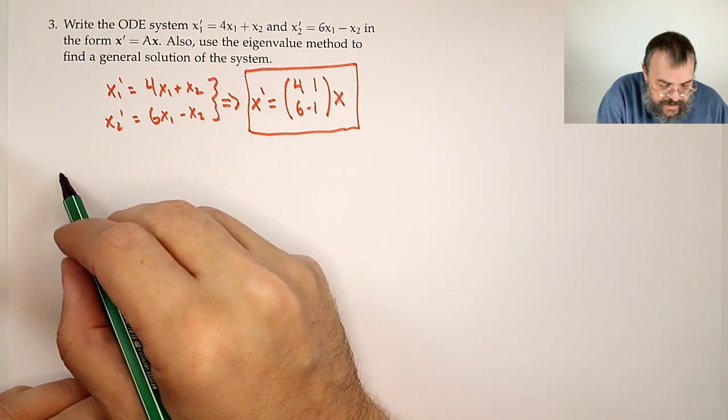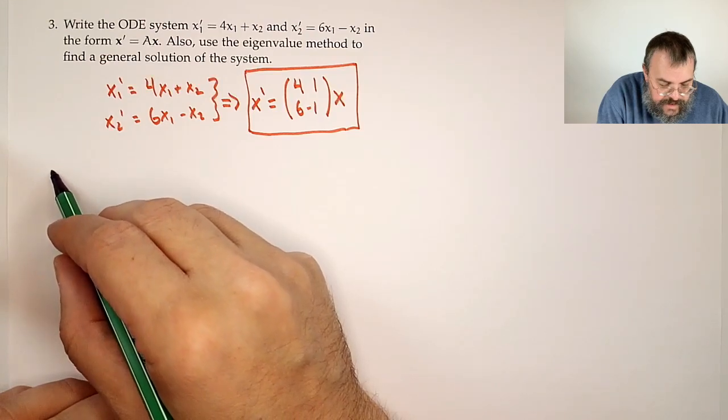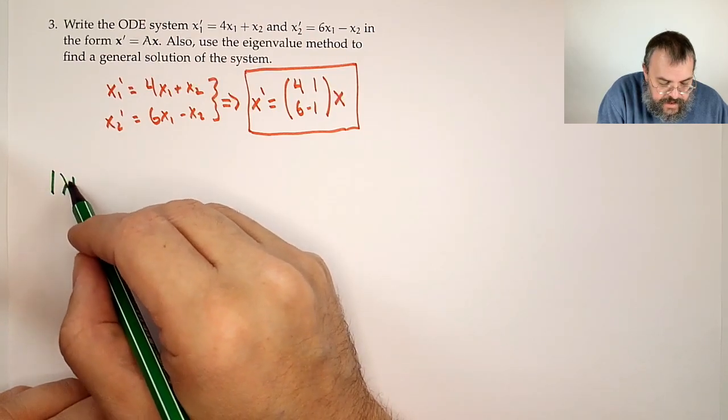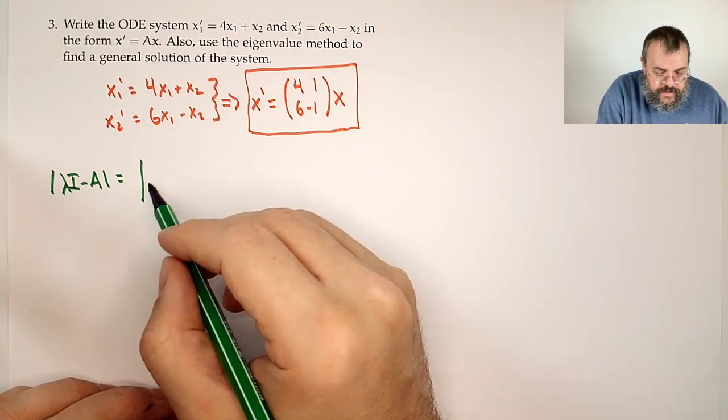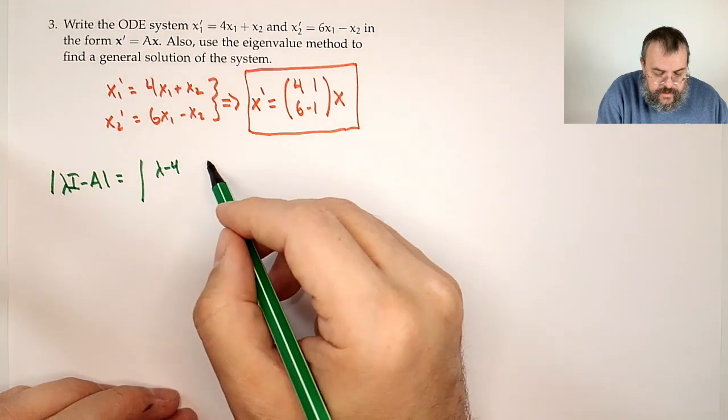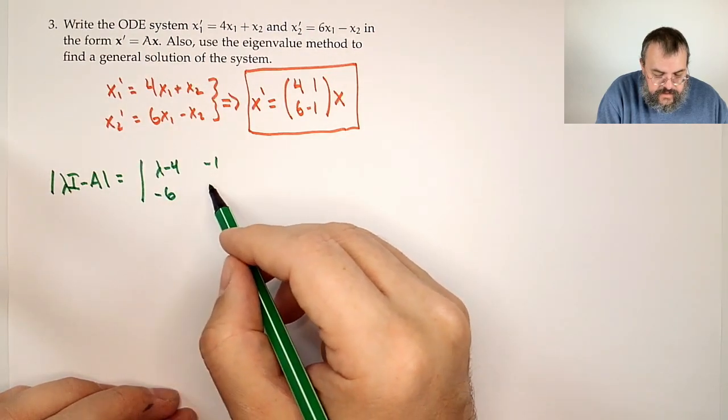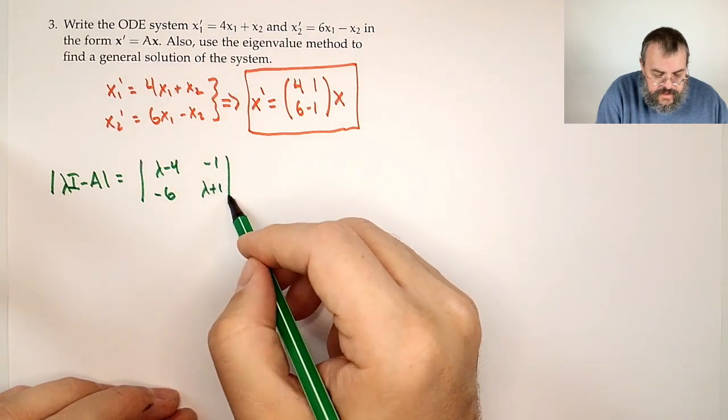So we'll start by saying, all right, we're going to take the determinant of lambda I minus A. So that's the determinant of lambda minus 4, minus 1, minus 6, lambda plus 1.